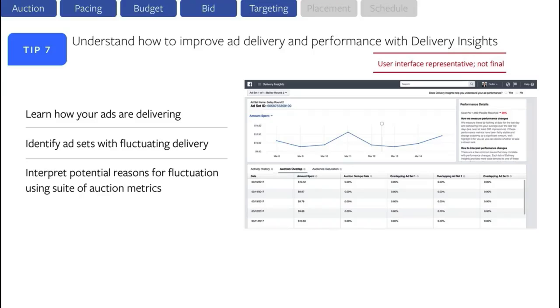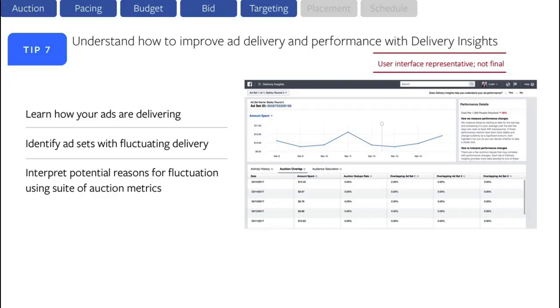Auction overlap is when multiple ads are eligible for the same auction. This is caused by audience overlap between ad sets. Take action by consolidating an ad set with a high dedupe rate into an overlapping one with equal or better performance, using audience exclusions, or just monitoring for impact on delivery or performance if there's business justification for overlap.